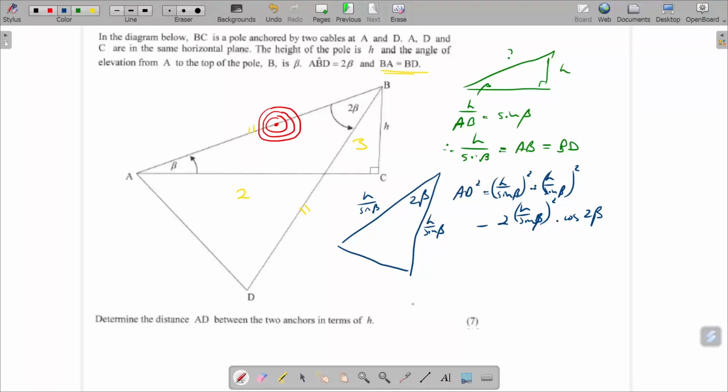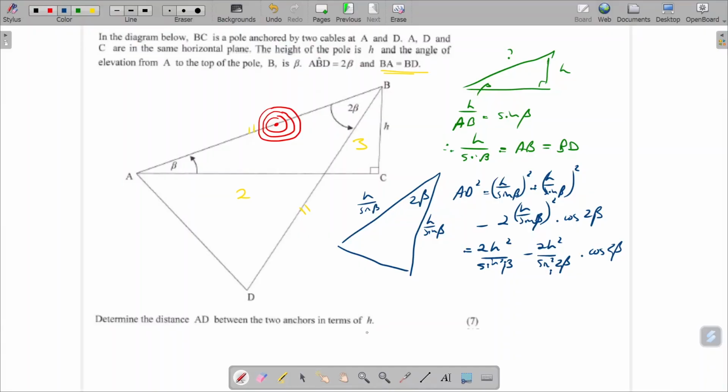Find the distance between these 2 things in terms of H. So we've now got h squared over sine squared beta, two of them, minus 2h squared over sine squared 2 beta times cos of 2 beta.